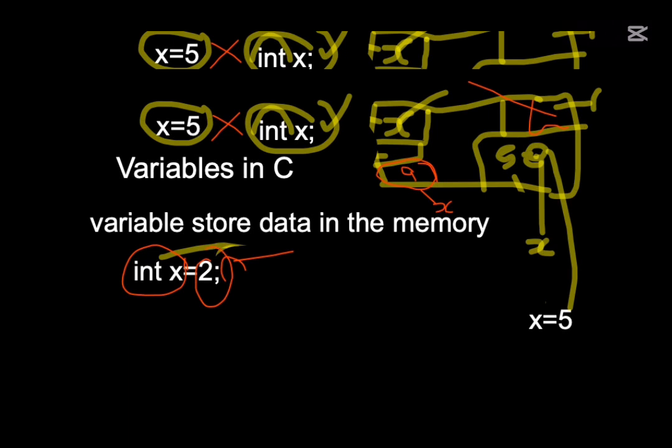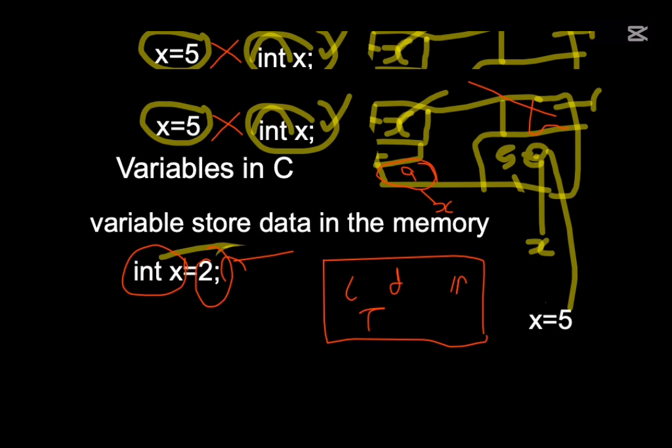So memory has different layouts and different things. You can't just store anyhow. We have a part that stores numbers, a part that stores character, a part that stores floats, and a part that stores double. So you can't just store what you like, and each time you want to store data, you need to tell C the type of data you want to store.